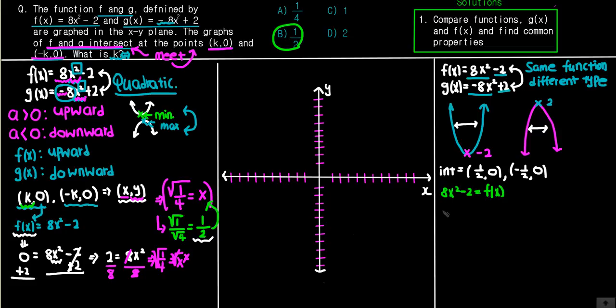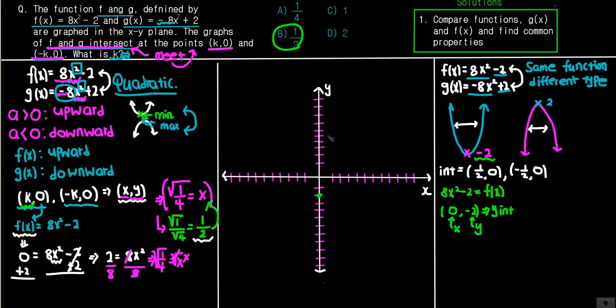We know that its minimum point is going to be negative 2, which means the y value is equal to negative 2, and the x value is equal to 0. When the x value is equal to 0, we call it the y-intercept. So it is going to be 1, 2 right over here.